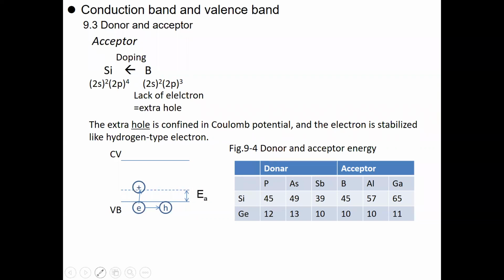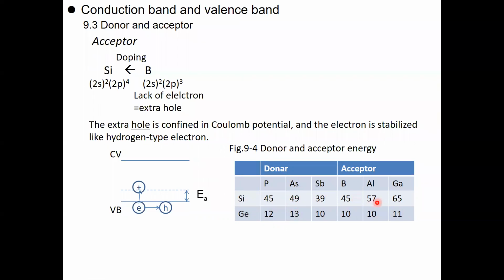So here are some of the levels for silicon and germanium for donor and acceptor. You can see there are many variations for silicon and also germanium, but in the case of germanium, the level is a little bit too small to control the charge carrier.